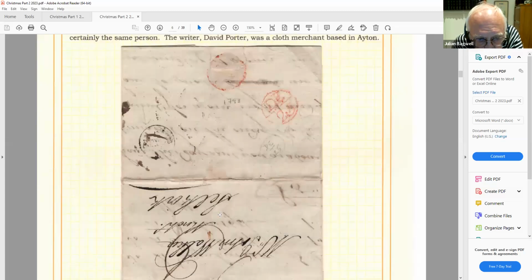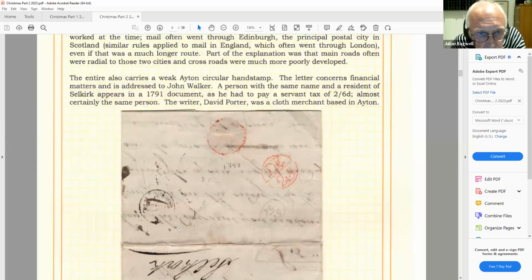Here's another Scottish one, again with that mark on it. But the interest here is that the rate is much more than the distance between the towns between which this letter was sent. And if I can just get to my notes, the reason was that you had to use post roads.